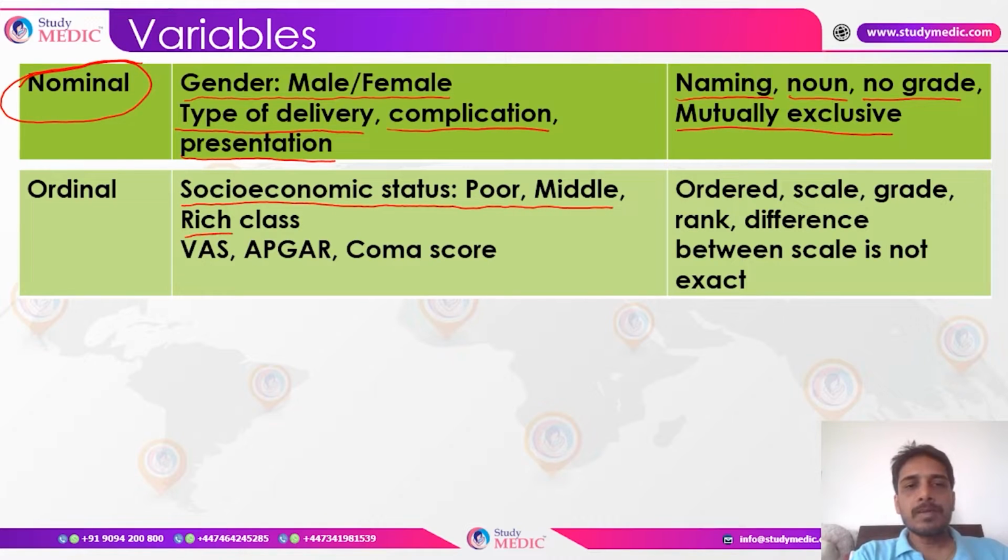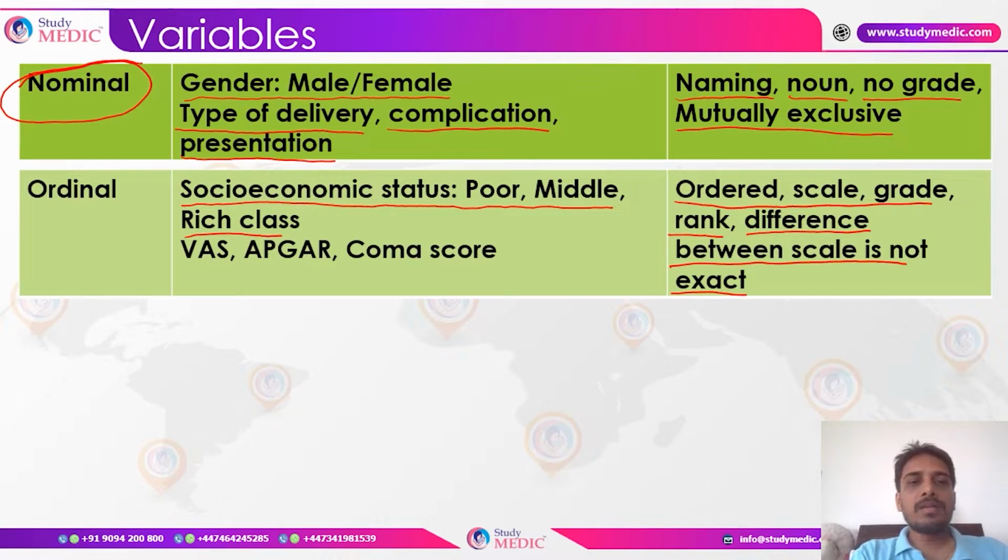You can see that this variable is ordered and it is scaled or graded or ranked. However, the difference between the grades is not exact. Those who are rich does not mean they are twice as rich as those who are in the poor status. So the difference is not exact.